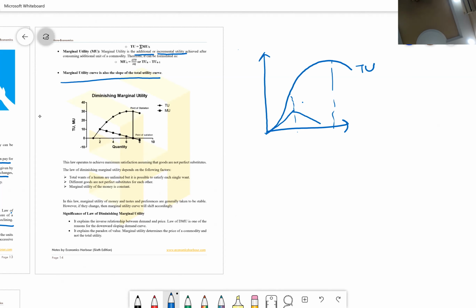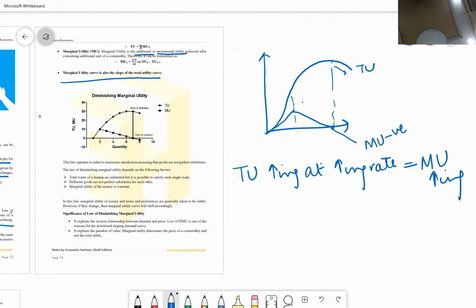Then marginal utility declines till this point till it reaches 0, and after this point marginal utility becomes negative, right? So the relation goes like when TU is increasing at an increasing rate, right? Marginal utility is increasing, or in other words, when TU is convex in its shape.